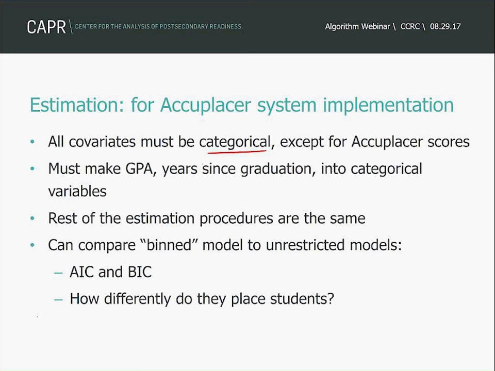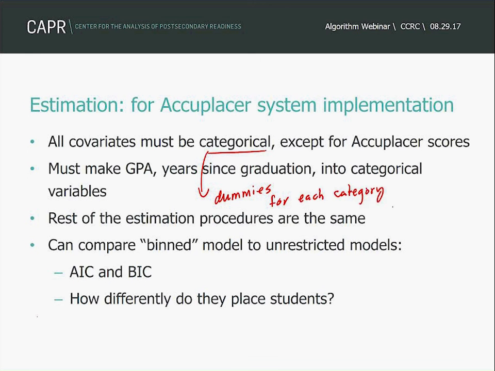So when I say you make it categorical, I should be a little more nuanced there and say that you have dummies for each category. You don't input it as though it's a continuous variable. You make sure you have dummies for each category here.